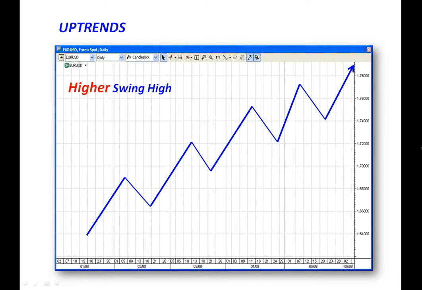You will see most often a higher swing high followed by a higher high, and then with a low, a higher low, and a higher low.